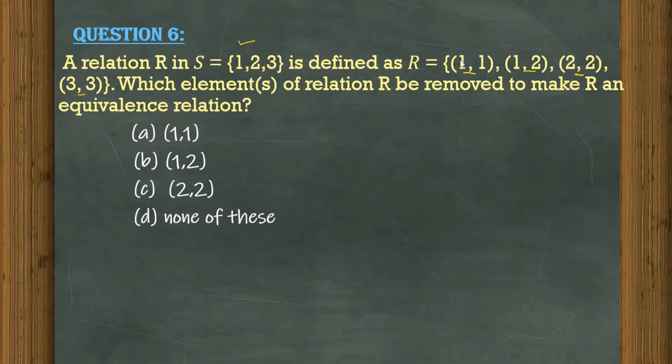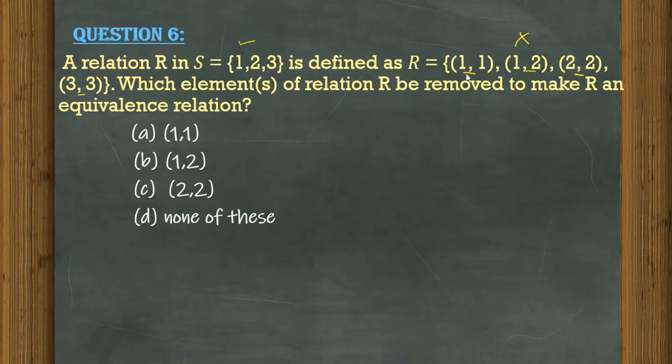तो चलो फर्स्ट केस देखते हैं. (1,1), (1,2), (2,2) and (3,3). So all the ordered pairs (1,1), (2,2) and (3,3) are present, so it is reflexive. Symmetric case: (1,2) is present but (2,1) is not present. अगर हम ये (1,2) को हटा देते हैं, then it can be symmetric.